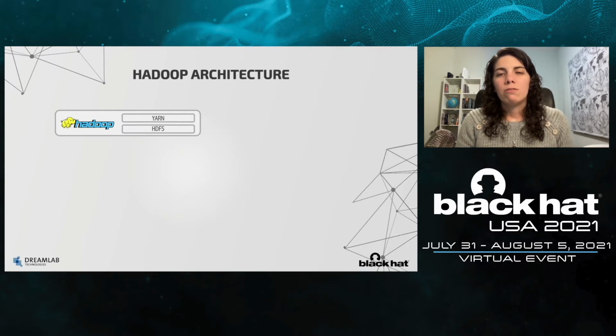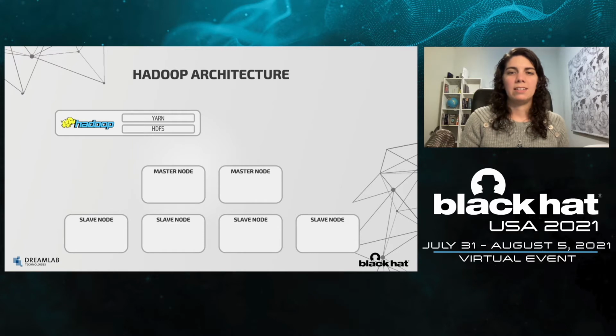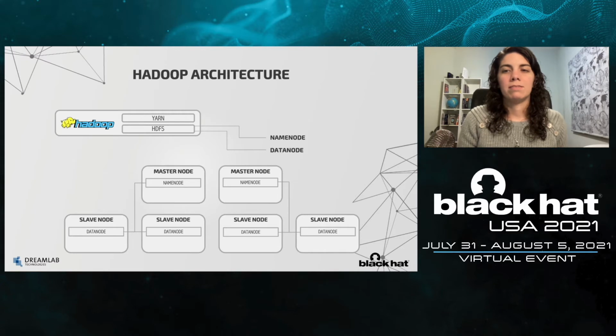First of all, it's good to understand how Hadoop works. It has a master-slave architecture and two main components, HDFS, that means the Hadoop Distributed File System, and YARN. The Hadoop Distributed File System has two main components, the NameNode that saves the metadata of the files stored in the cluster and runs in the master nodes, and the DataNode that stores the actual data and runs in the slave nodes.